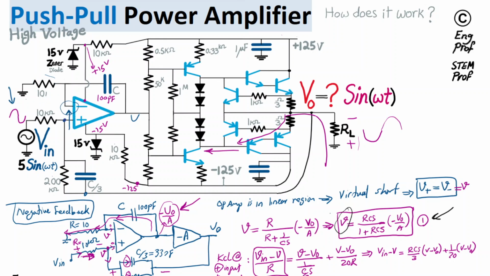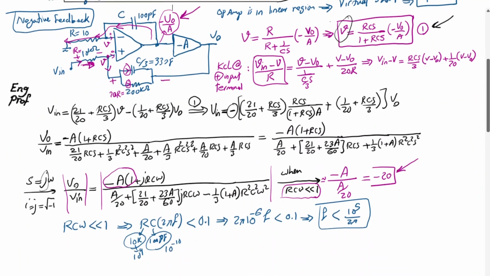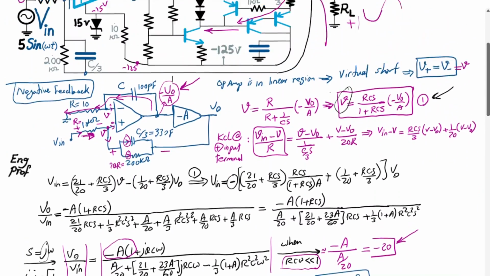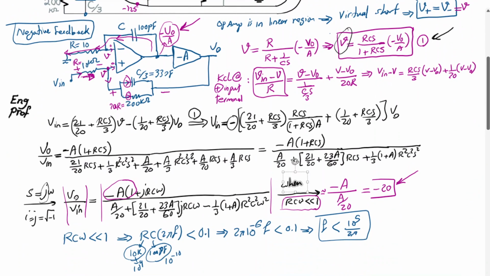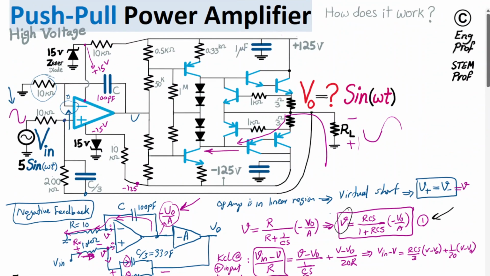So effectively we are setting the voltage at the negative terminal to 0 at super low frequencies, and as a result we have just a gain of 20 in the circuit. I hope that this review of the response of this power amplifier is helpful in the sense that it shows what we need to be careful about, what frequency this power amplifier can work for, and what gain we expect in this circuit.